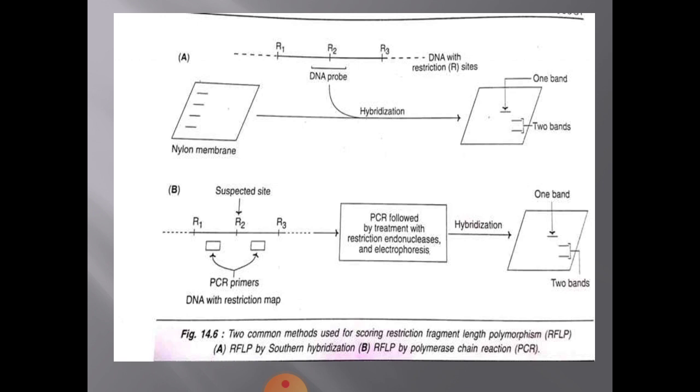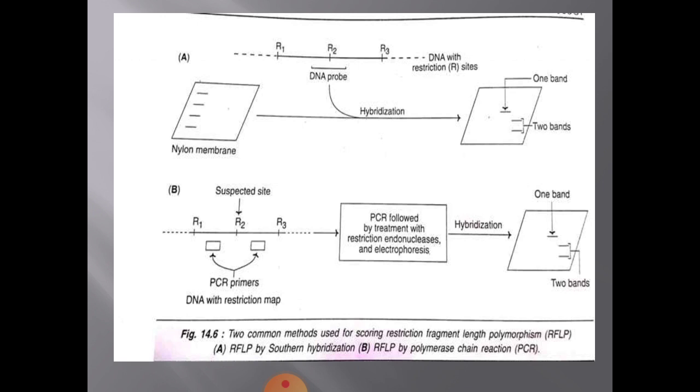So let me summarize here. The DNA is digested with appropriate restriction endonuclease and then subjected to agarose gel electrophoresis. The DNA fragments obtained are transferred to the nylon membrane, and then a DNA probe that spans the suspected restriction site is now added, and the hybridized bands are detected by autoradiograph.